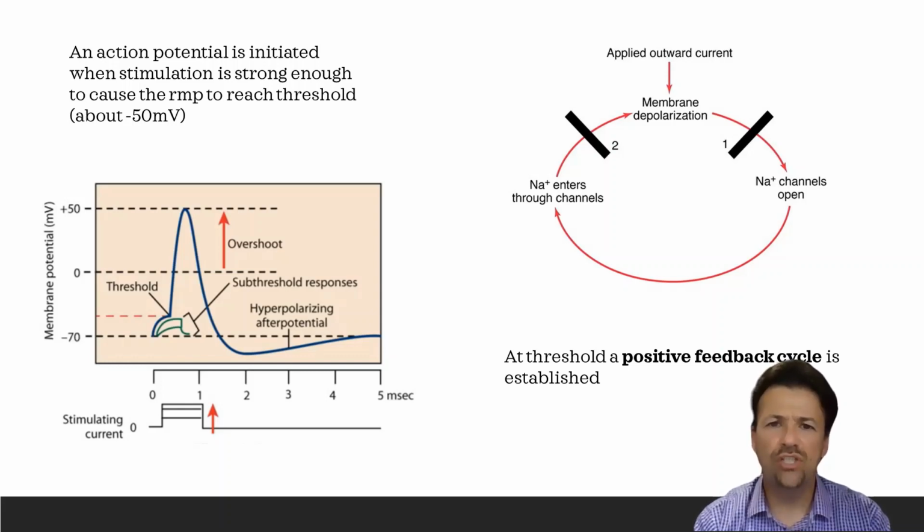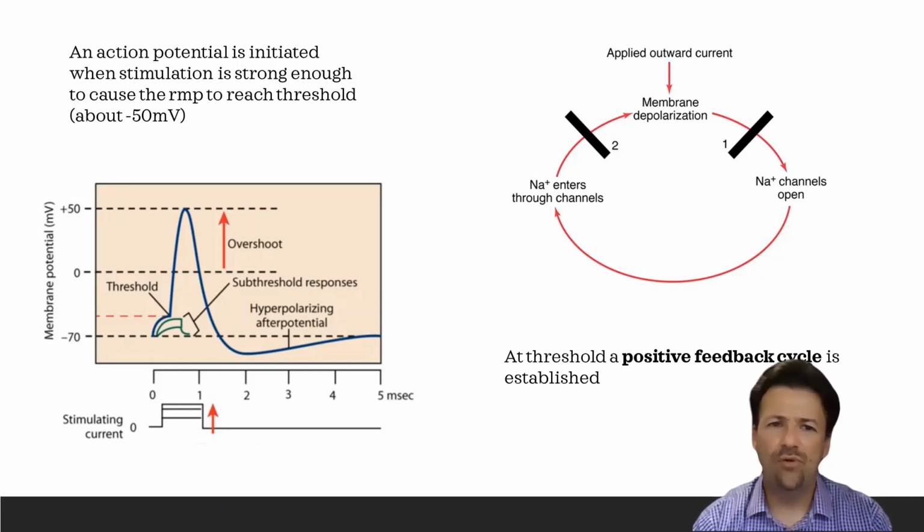So if a voltage-gated sodium channel opens, that means we've increased the permeability of the cell membrane to sodium, and sodium is going to enter the cell, flowing through these voltage-gated sodium channels. So that's the first thing that I need you to understand, and I need you to appreciate, that when we open voltage-gated sodium channels, sodium is going to move down its concentration gradient, and it's going to flow into the cell.